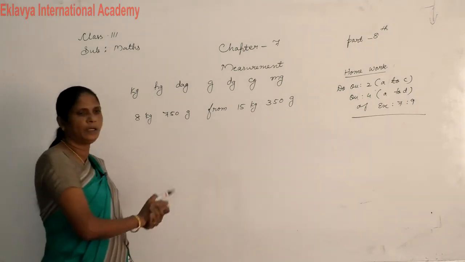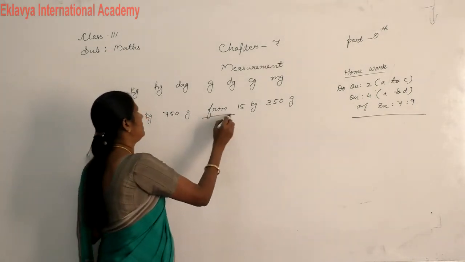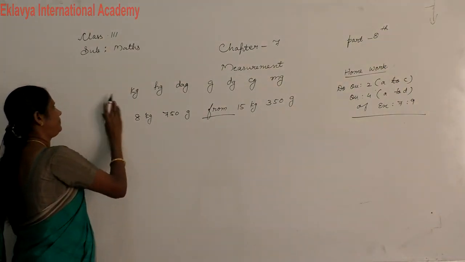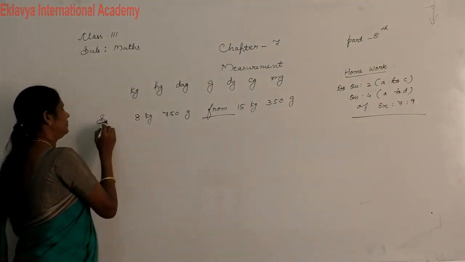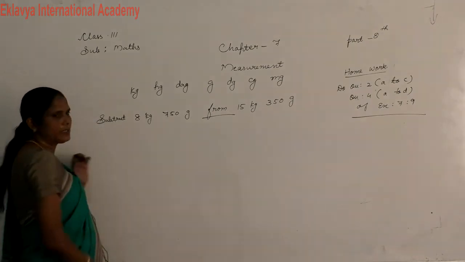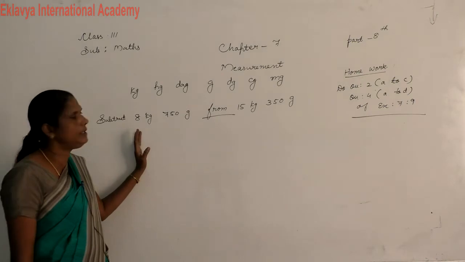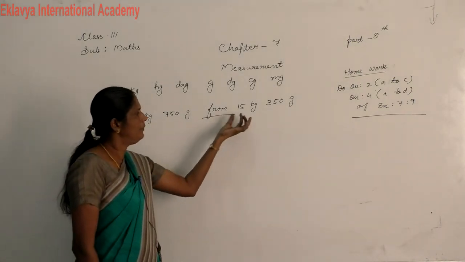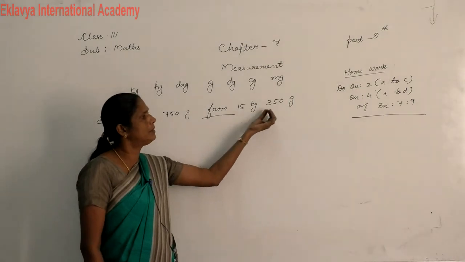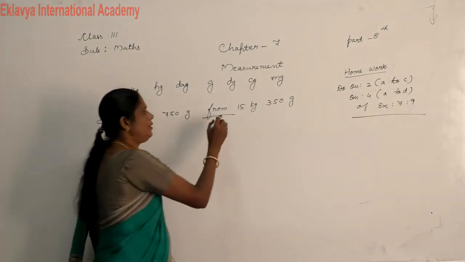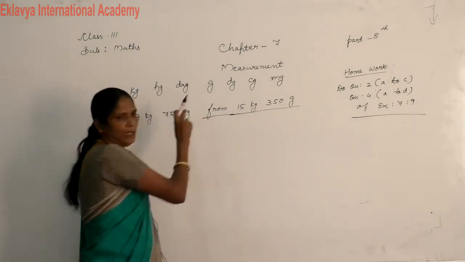Which weight comes here from? Here our question is subtract. Subtract 8 kg 750 gram from 15 kg 350 gram. First, which weight comes here?